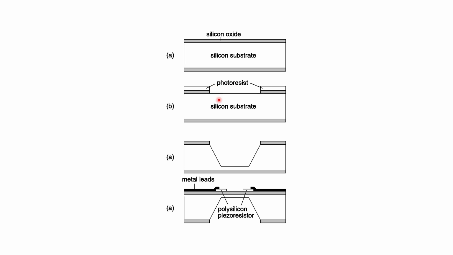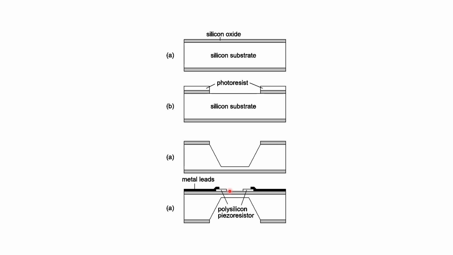And as long as the etching does not completely consume the oxide, you can form a deep enough cavity. Here you don't want to form an inverted pyramid, but you want this to be wide enough that you have a membrane.